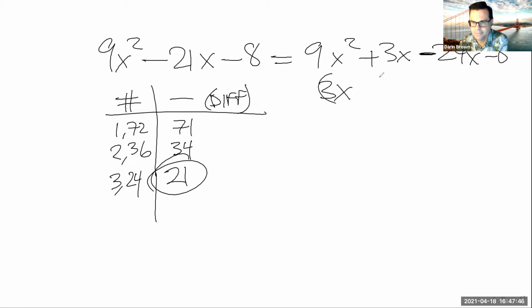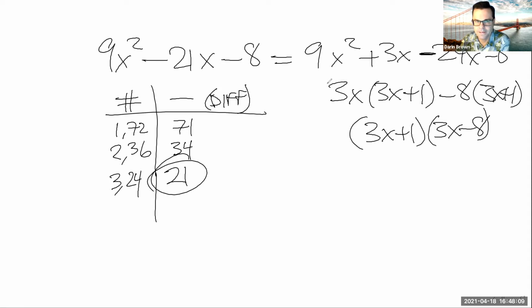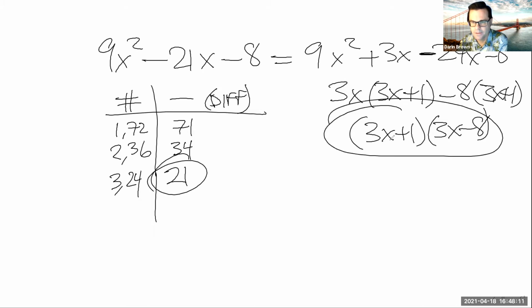So this I could end up factoring as 3x plus 1 and then 3x minus 8, which you can multiply out and see that you get 9x squared minus 21x minus 8.